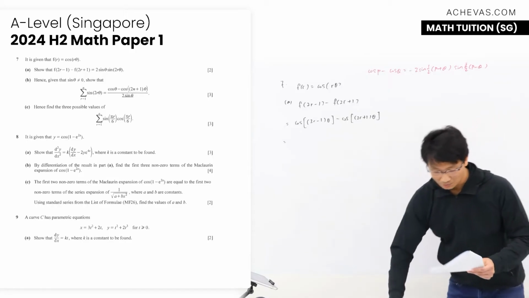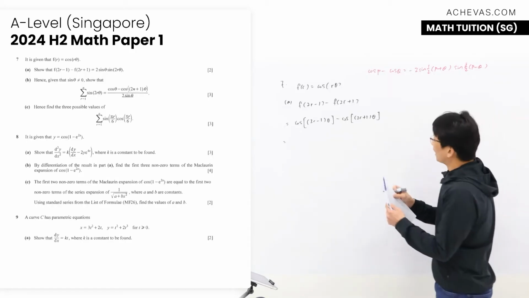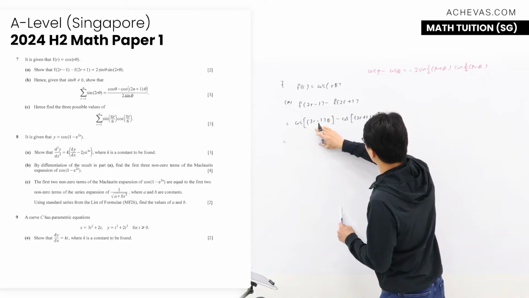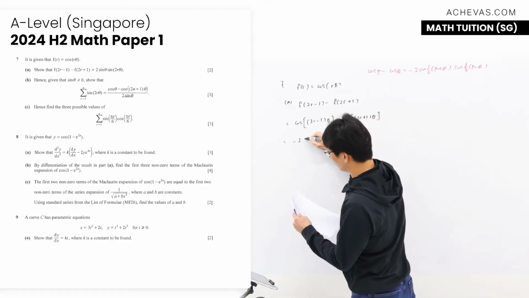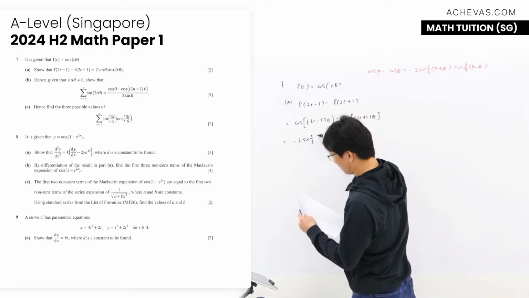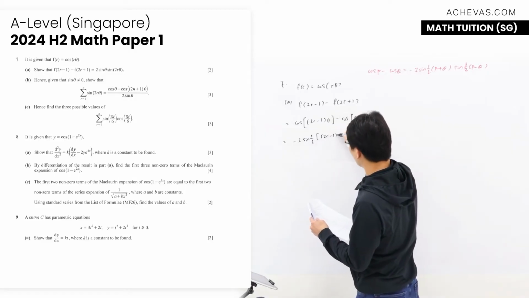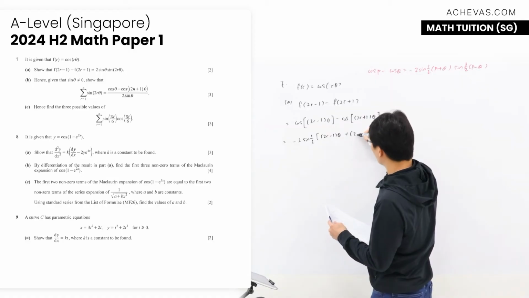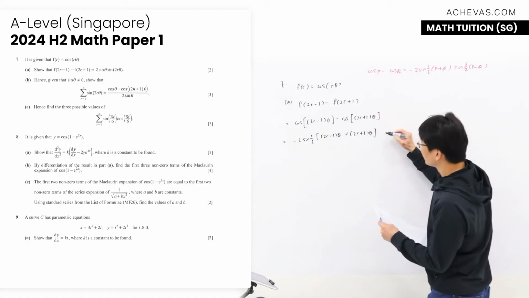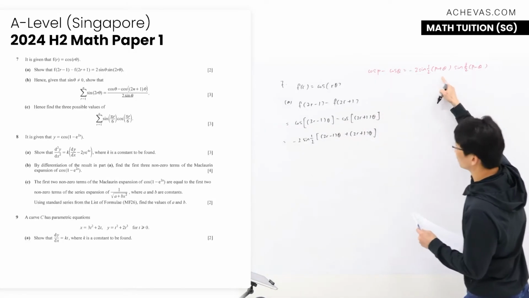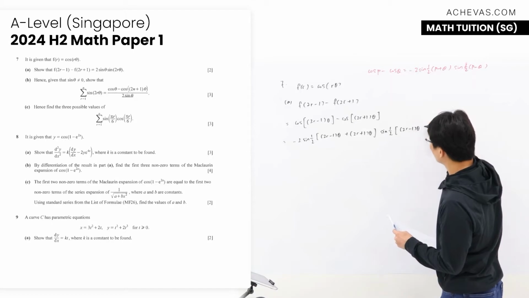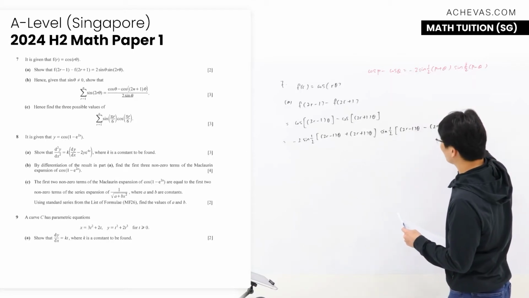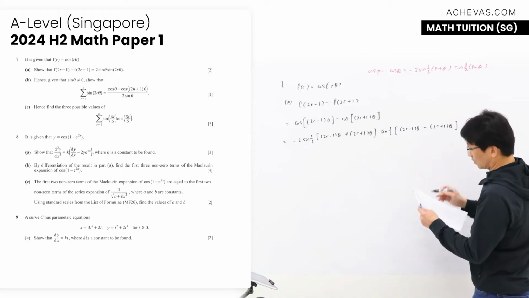Alright, I'm going to make use of this particular formula here, and by subbing this as the p, this as the q, I will get equal to minus 2 sine half of (2r minus 1)theta plus (2r plus 1)theta, and we have a sine half of (2r minus 1)theta minus (2r plus 1)theta.